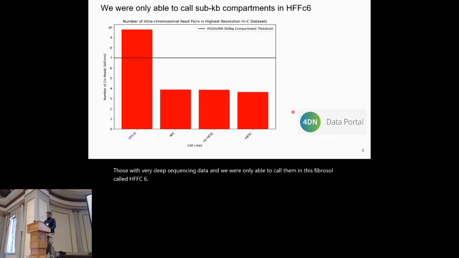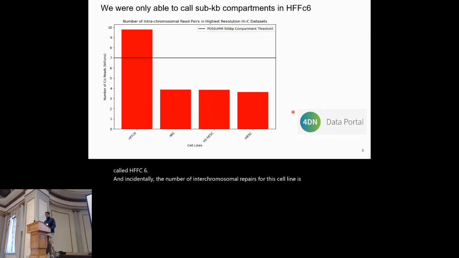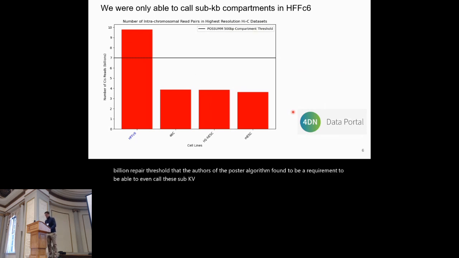And incidentally, the number of intrachromosomal read pairs for this cell line is above the 7 billion read pair threshold that the authors of the POSSUM algorithm found to be a requirement to be able to even call these sub-KB compartments.